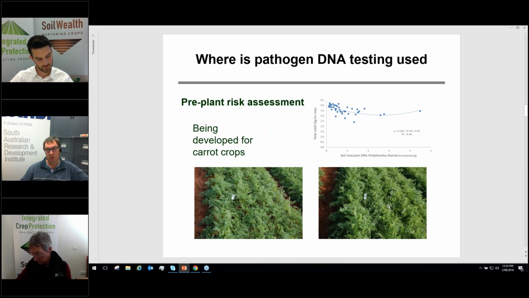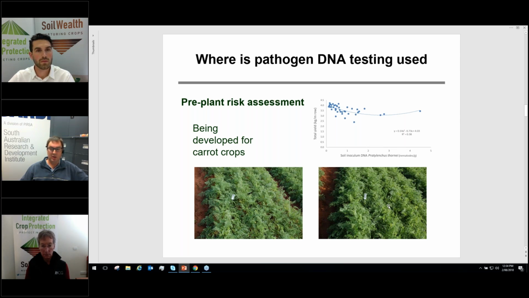So there's Pythium sulcatum and the other one is root lesion nematode, Pratylenchus thornei. So if we look at that, you can see that sometimes, whilst this is known as a carrot pathogen, hence why we're testing for it, it's not something that you're going to visually see a lot of symptoms of in the crop, and it can be just taking yield away.